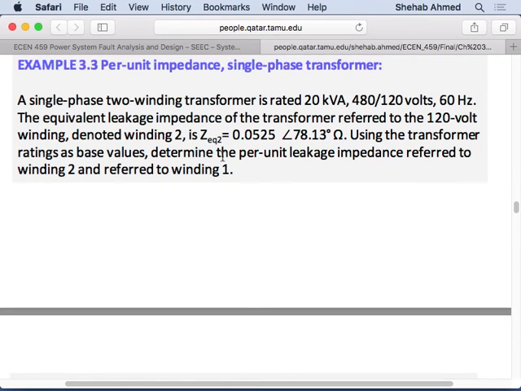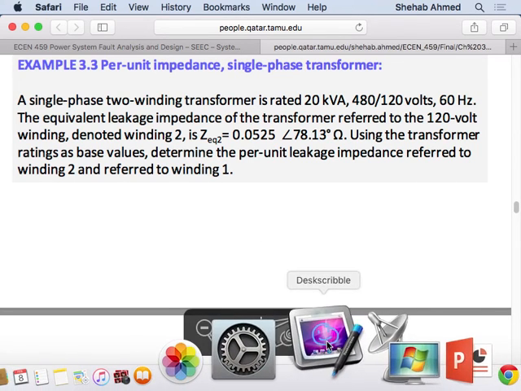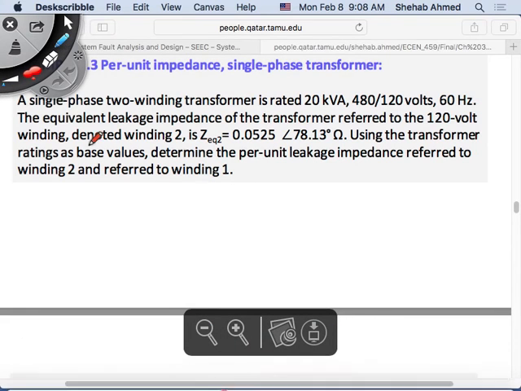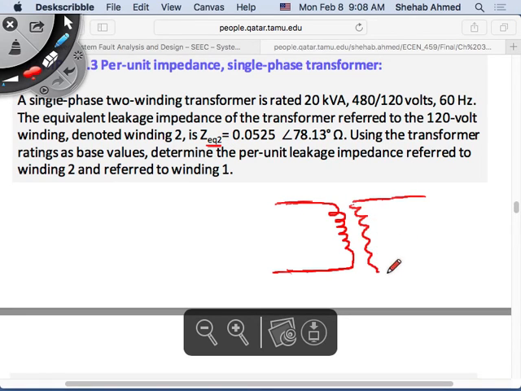Determine the per unit leakage impedance referred to the winding 2 and referred to winding 1. So, what are they asking for? They're telling us we have a single phase transformer here, and that this winding Z equivalent 2 referred to the secondary side.